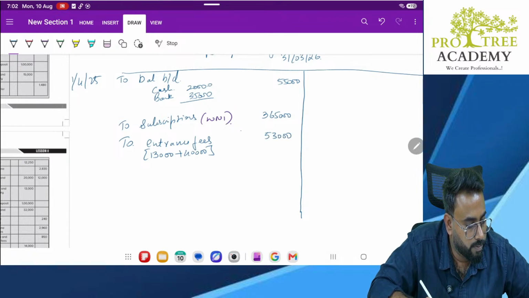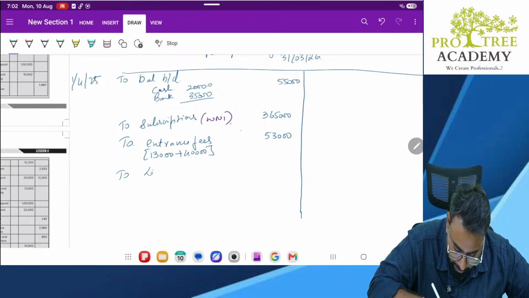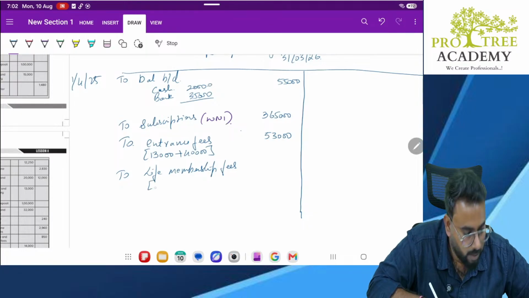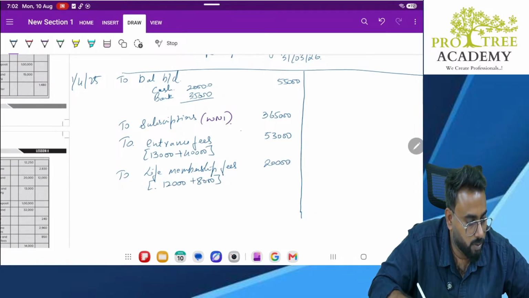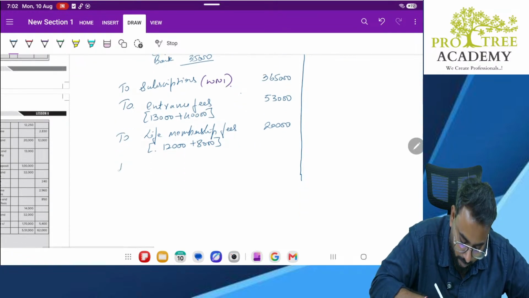Next, life membership fees. How much is that? 12,000, 8,000. 12,000 plus 8,000 is 20,000. Correct? Yes, sir.